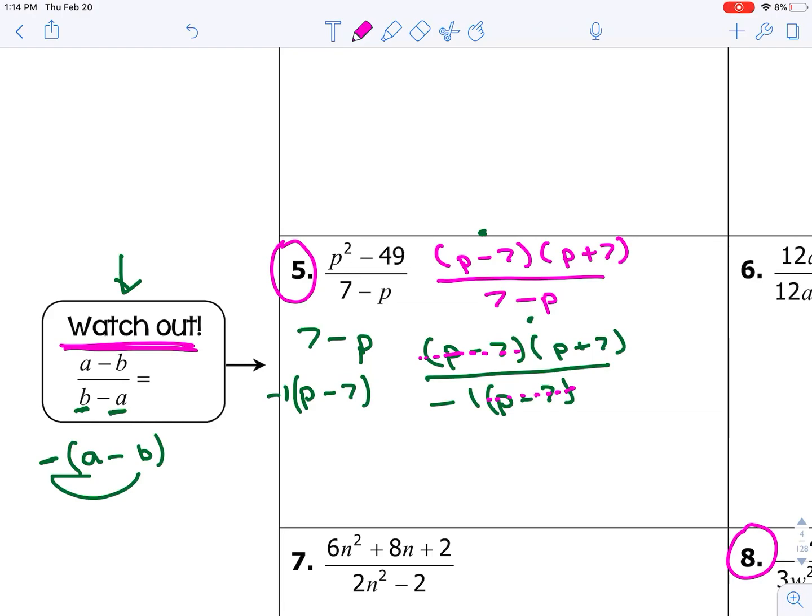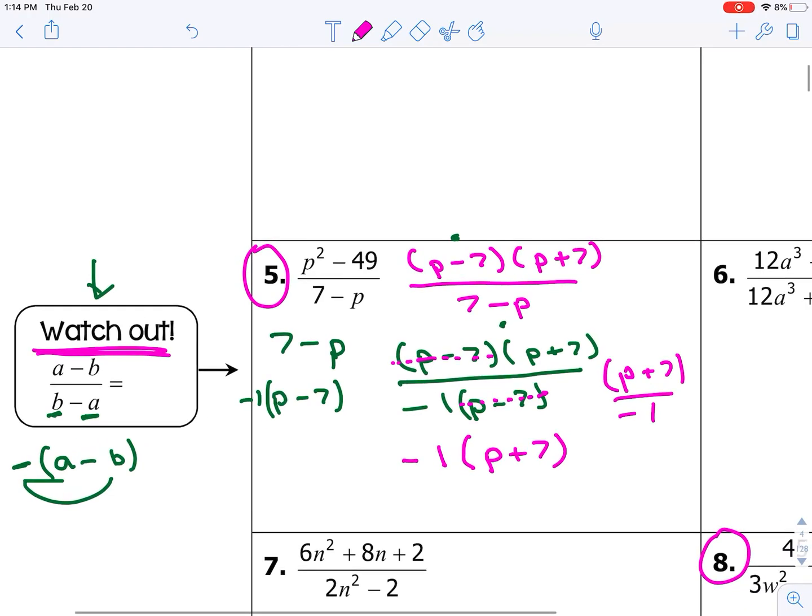And I have p plus 7 over negative 1. So that is just going to be the same thing as negative 1 times p plus 7. Or if you're more comfortable with looking at it as this, that's also just as correct.